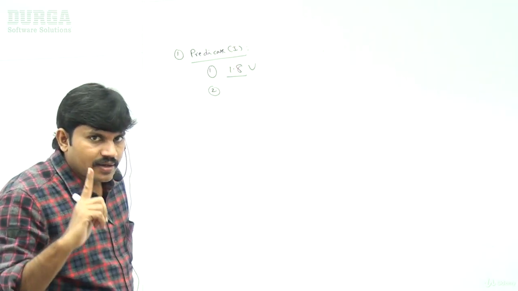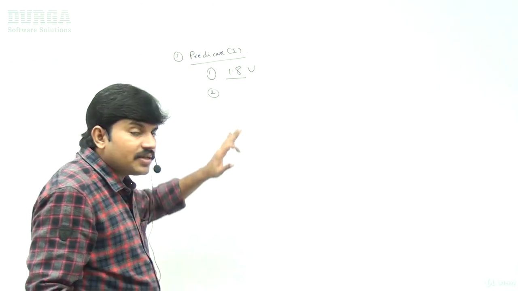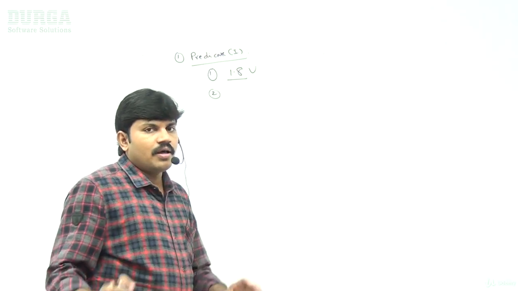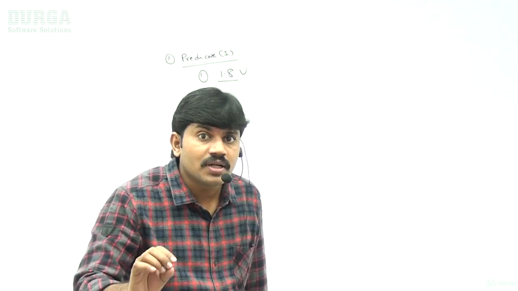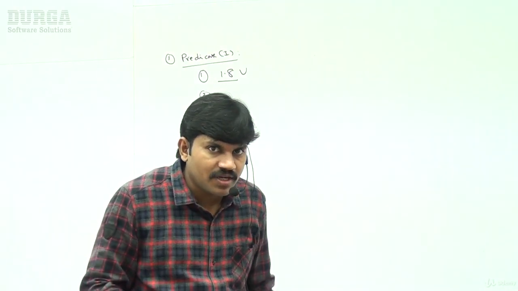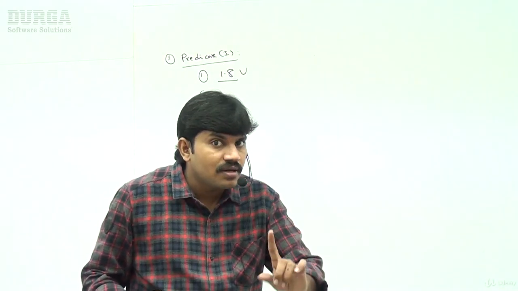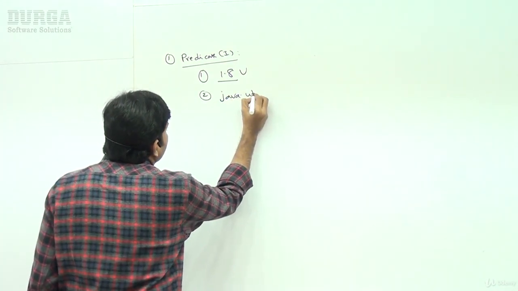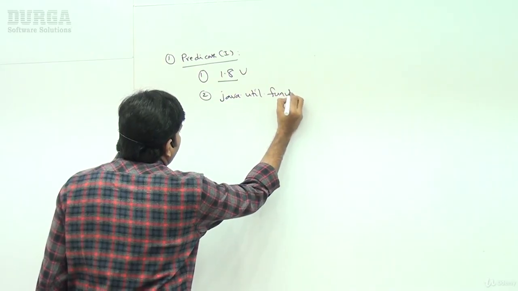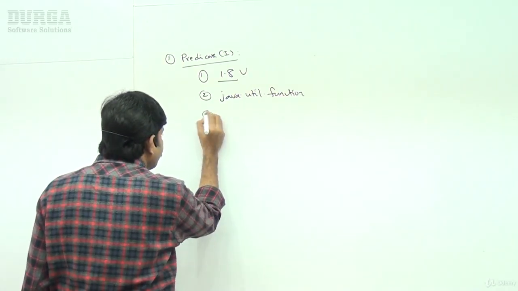This Predicate interface, sir, do you know where it is present? Yes, I told you, all predefined functional interfaces are present in a separate package. What is that package? The java.util.function package. Are you getting it? Now, this one is present in the java.util.function package.